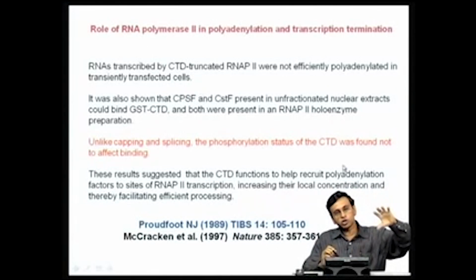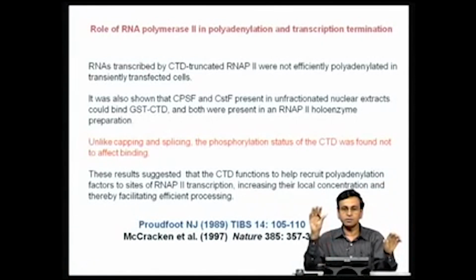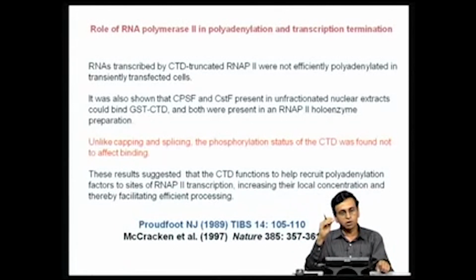So, if we have cells which are expressing normal RNA polymerase II with its normal carboxyl terminal domain, and cells in which the RNA polymerase carboxyl terminal domain is truncated, and then you isolate the RNA from these 2 different cell types and look at the efficiency of polyadenylation, in the cells expressing the normal RNA polymerase, the mRNAs are very efficiently polyadenylated, whereas in the cells expressing a truncated or deleted form of the carboxyl terminal domain, you do not see very efficient polyadenylation, clearly indicating that the carboxyl terminal domain of RNA polymerase is playing a very important role for polyadenylation of messenger RNAs.